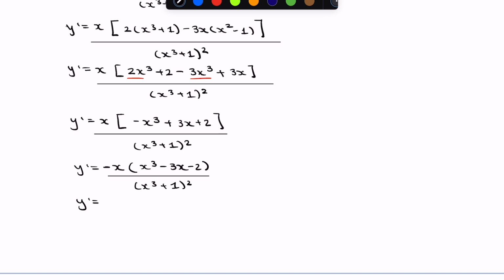Here we'll have negative x times x plus 1 squared and x minus 2, over x plus 1 squared and x squared minus x plus 1 squared.